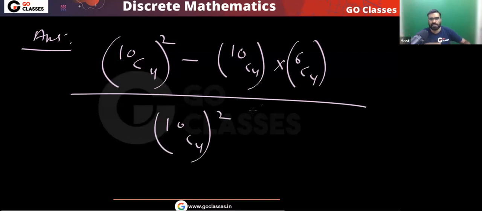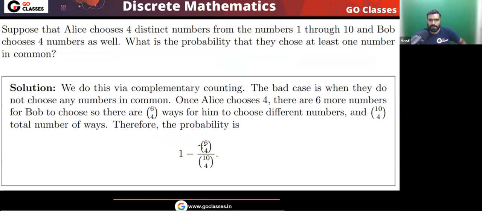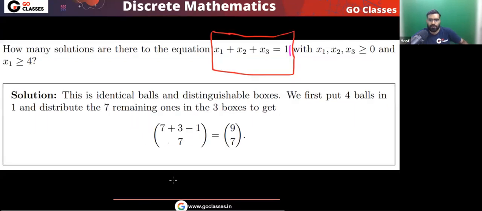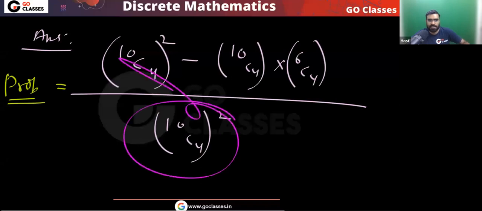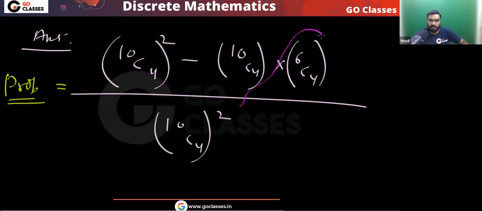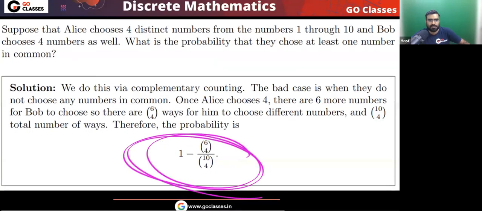This is your final answer. Is this clear? Because the question is asking for probability, so this is your answer. Simple. You can just solve it. If you divide this, it will be like 1 minus this divided by 10C4. So if you simplify, you will get this.